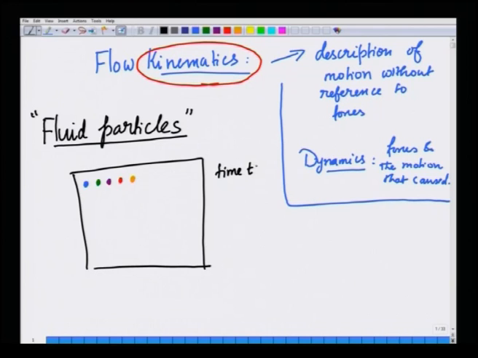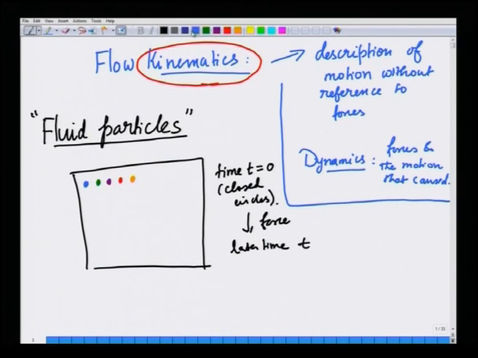So, this is at time t equal to 0, I am using closed circles, okay, and at a later time upon application of force, there is some kind of force, we need not worry at this point what causes the motion, there is some kind of force that causes a motion.